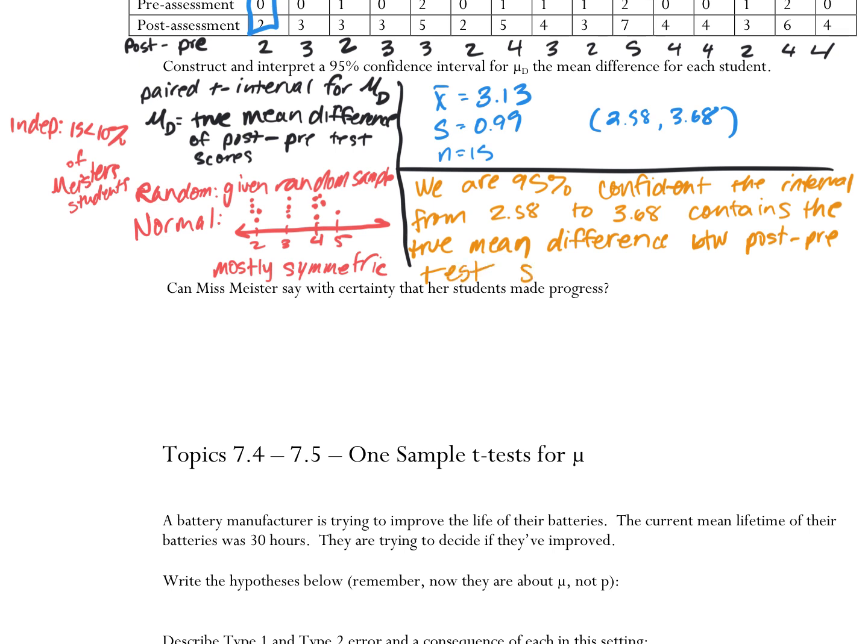Or you could say the mean improvement in test scores would be fine, but you couldn't say the true mean test score because that's not what those are. This number is not a test score. It is the difference between. It's how much the test scores went up.